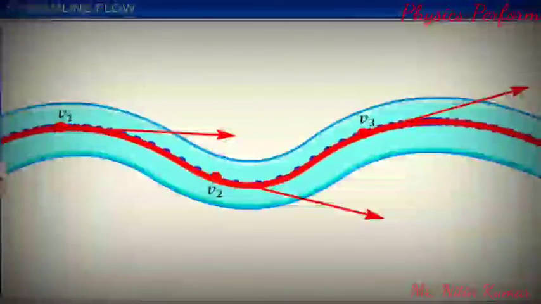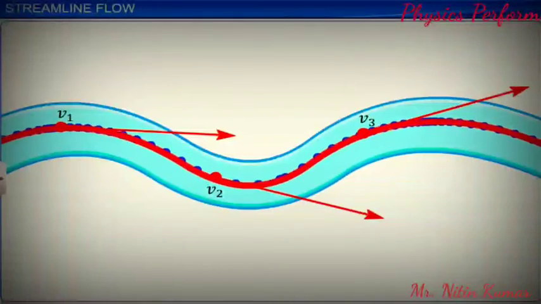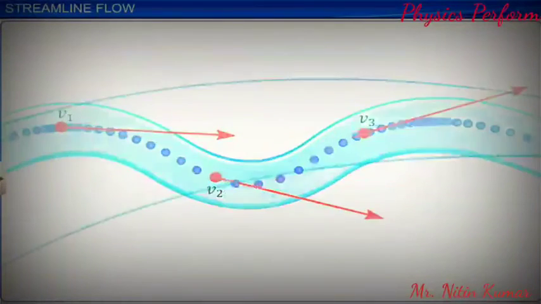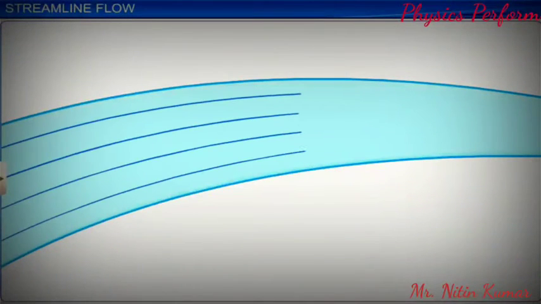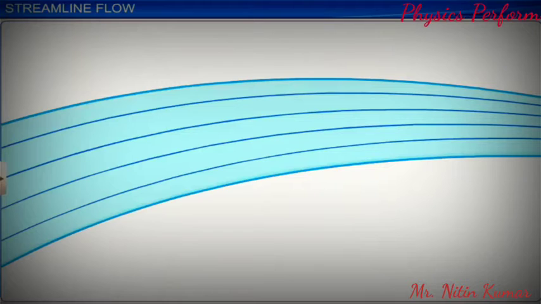The path taken by a fluid particle in a steady flow is called a streamline. The motion of the entire fluid can be represented with a number of streamlines showing the direction of flow in different areas. Thus, steady flow is a streamlined flow.